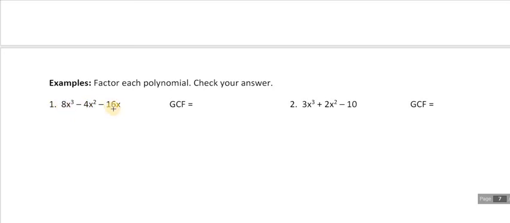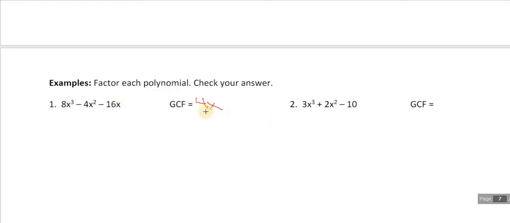Well, yes, it does. So numerically, our GCF is going to include a 4. Now all 3 terms have an x. The smallest of our x powers is 1. So our GCF is 4x to the 1st.